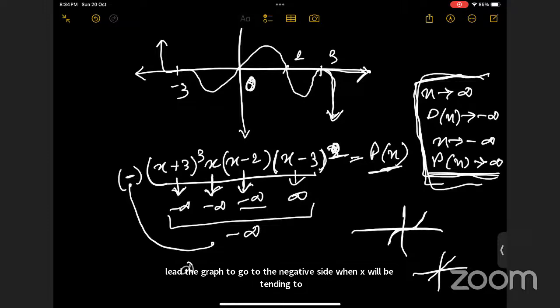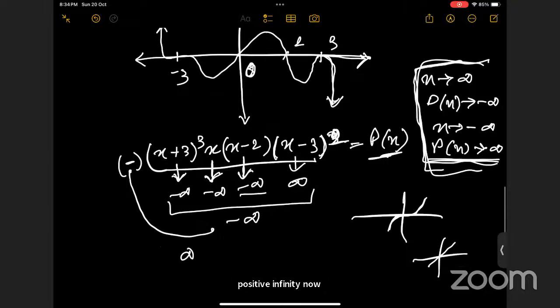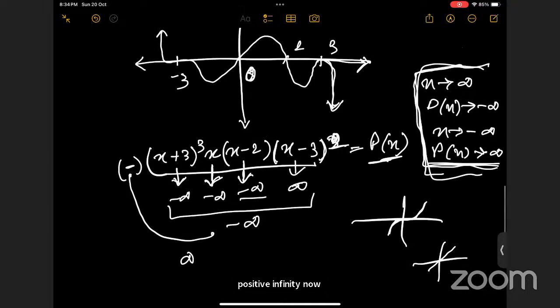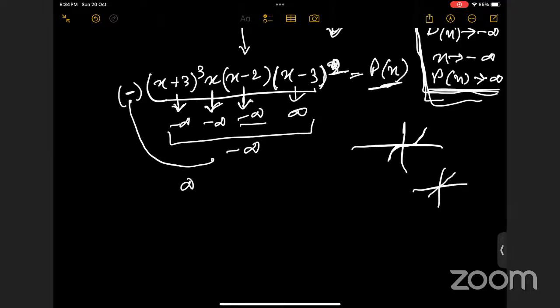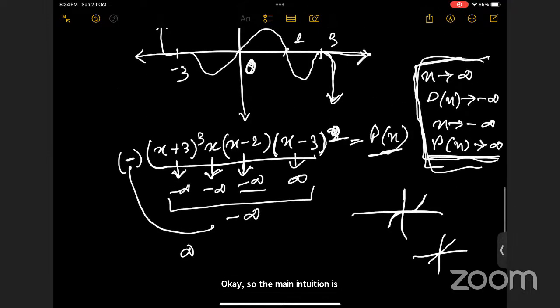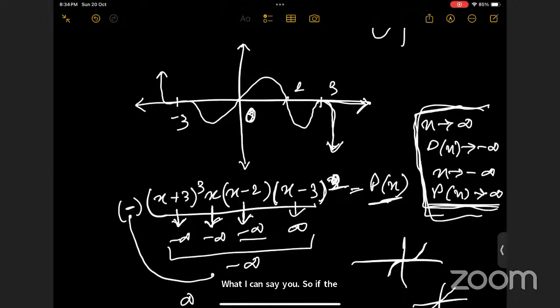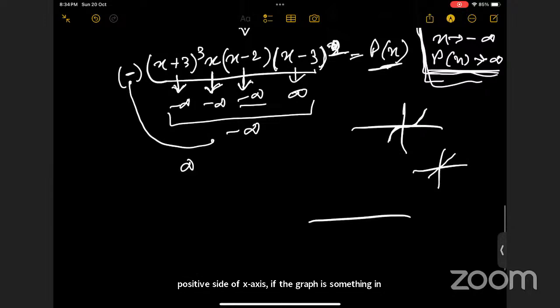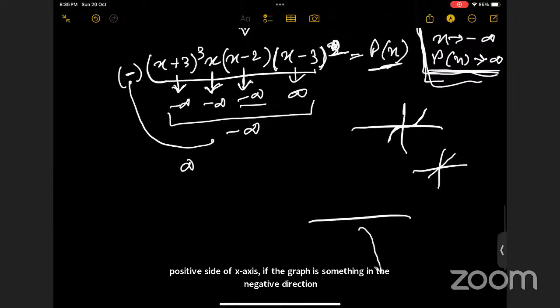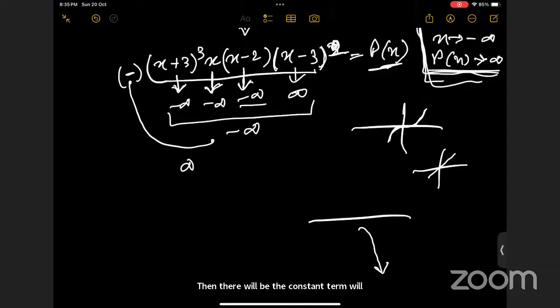If on the positive side of the x-axis the graph is in the negative direction, then the constant term will be negative. If it is in the positive direction, then the constant term will be positive. So this is an intuition.